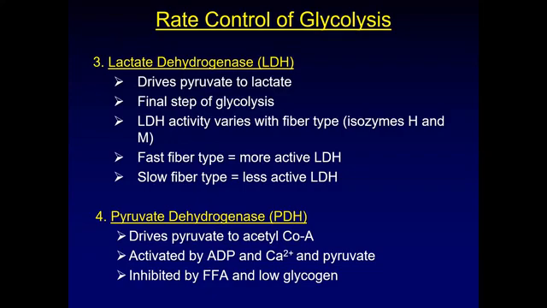One of the reasons that if you have a lot of type 2 fibers, they fatigue more readily, is they have a more active LDH. So when LDH is more active, for any amount of pyruvate that makes it to here, more of it will get turned into lactic acid. The higher the activity of LDH, the more it's going to go this direction. And that's fine. We make some energy doing that, but you gather a lot of acidity.